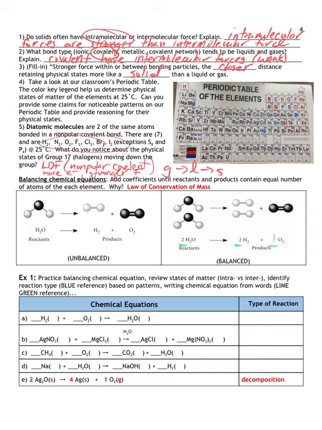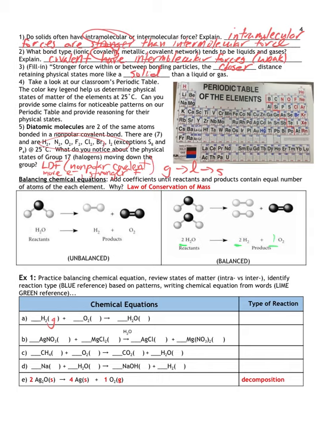So the first one is hydrogen. We know hydrogen, H2, is covalently bonded, nonpolar, so we assume it's a gas at room temperature. And we are assuming it's at 25 degrees Celsius. Oxygen, also a gas at room temperature. If you look at my periodic table, it tells us just that, red and red. So oxygen and hydrogen are red.